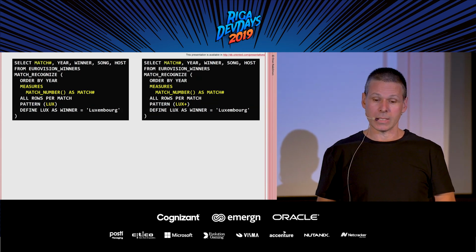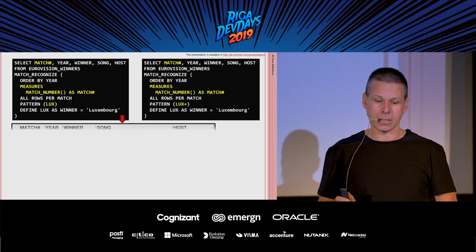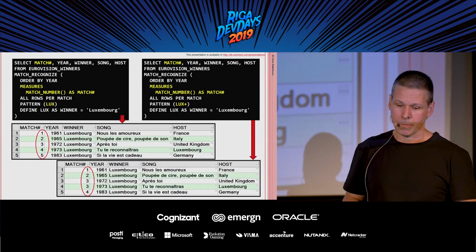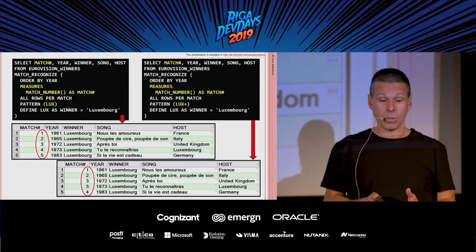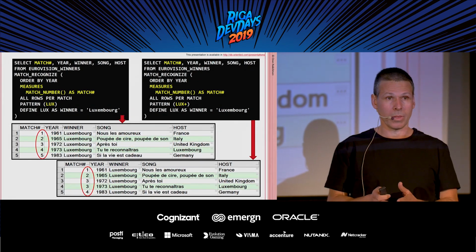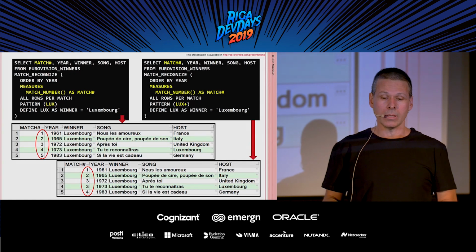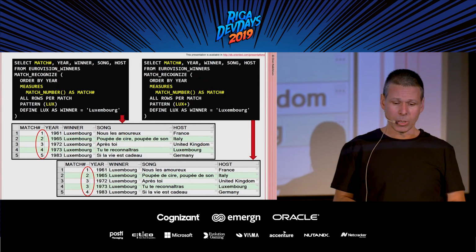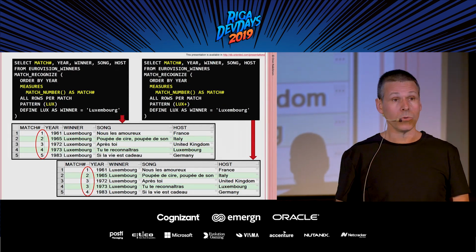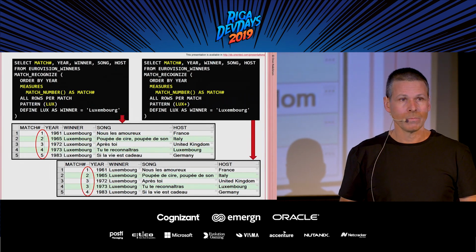Let's add it also to the select list and execute. And now we can clearly see the difference. In the first query, we got 5 matches, each one with a single record, and in the second query, we got 4 matches, because match number 3 contains 1972 and 1973. Okay?